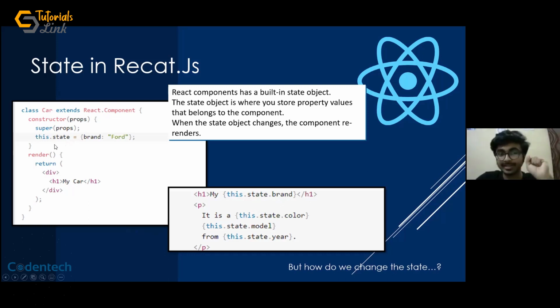Because there is a state which I have mentioned in the constructor. And why brand? Because there is a property, or you can say a section, named brand. In this way, we access the brand name, which is Ford, mentioned in the constructor. In the next lines, there is a color, then model, then year. Similarly, we can add brand, model, and everything in the constructor area.